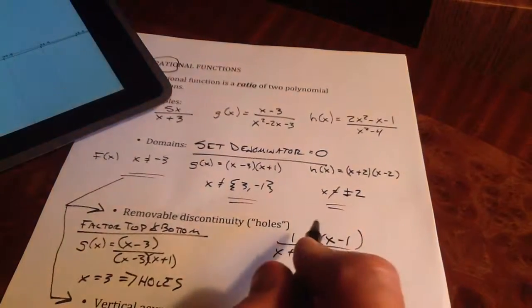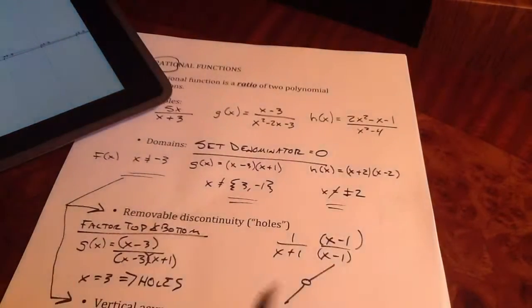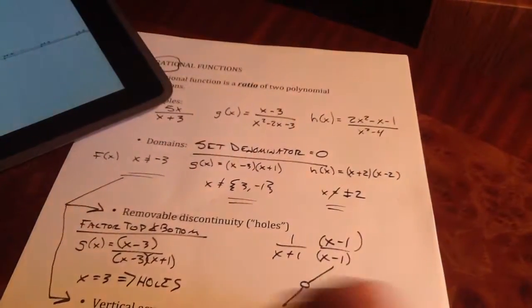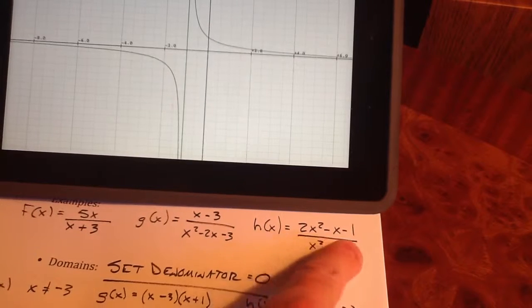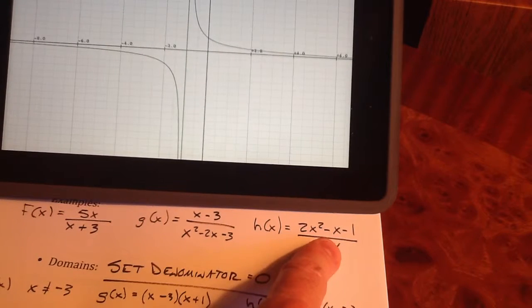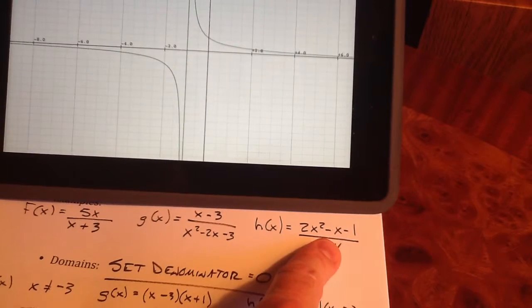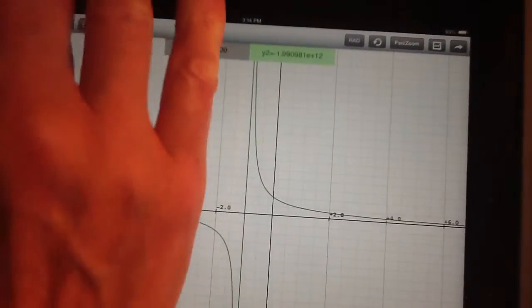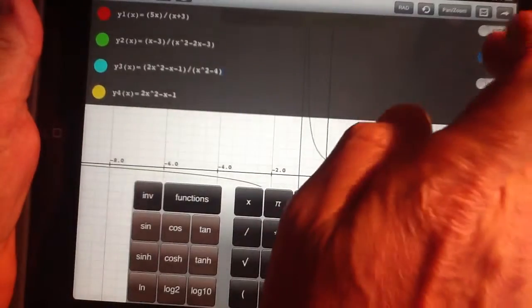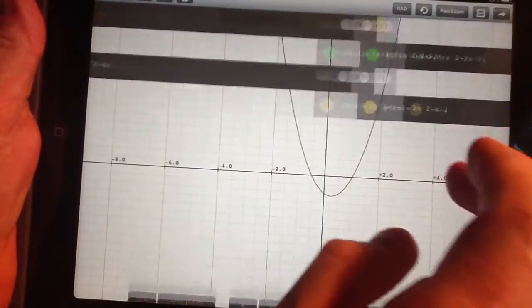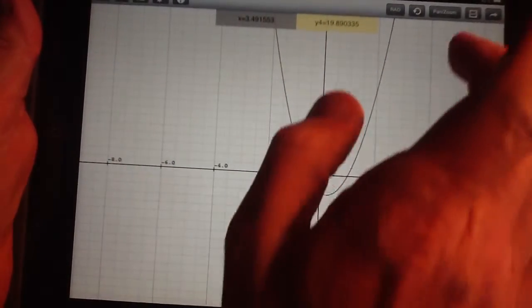Real quickly, on the third one, I would have to factor the top. All right, so listen, shortcut to factoring. I have to figure out what the zeros are. I could factor it, I could use the quadratic equation, or I could simply enter it right there and then use the power of the grapher to find the zeros.